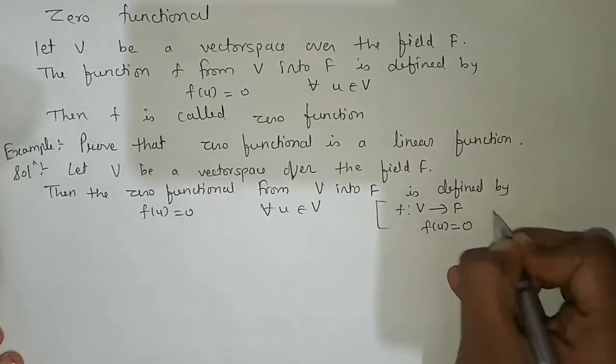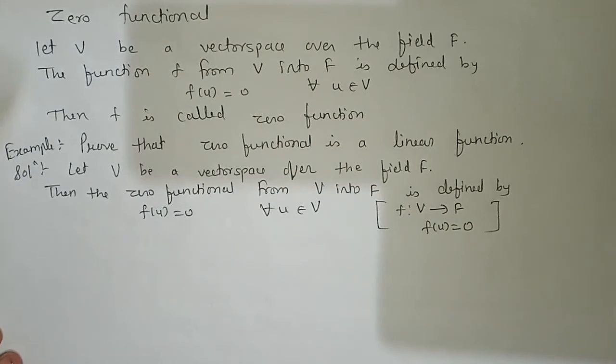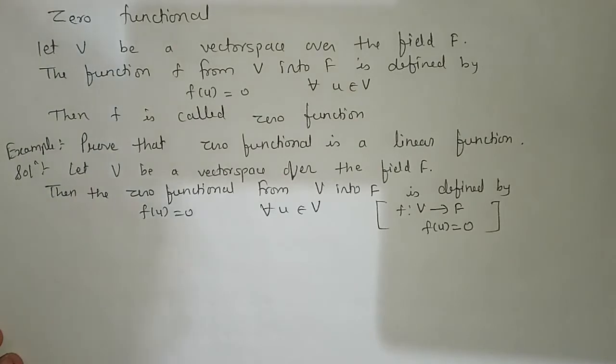So this mapping is called a linear functional. And now here in this question we have to prove that the zero functional is also a linear functional.